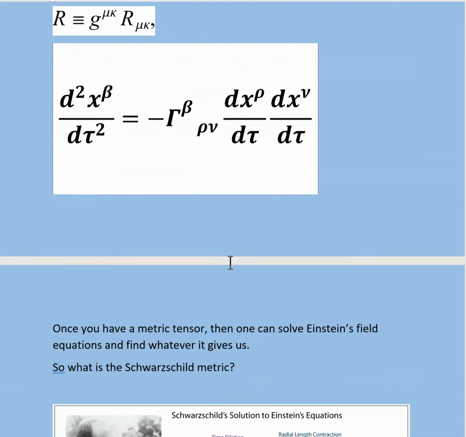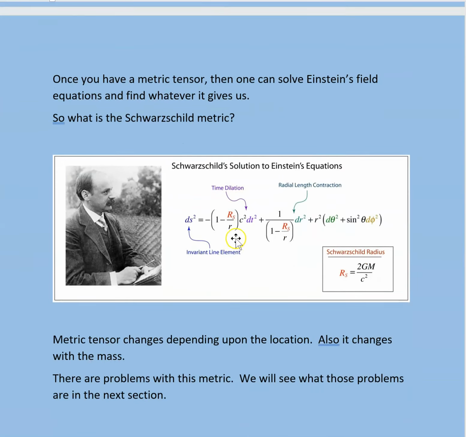Now, there are some problems with the Schwarzschild radius, which we are going to talk about in our next lecture. What's going to happen when r equals 0 at the center, and this term goes to infinity? That's why we say Einstein's field equations are not valid at r equals 0, because this is undefinable.